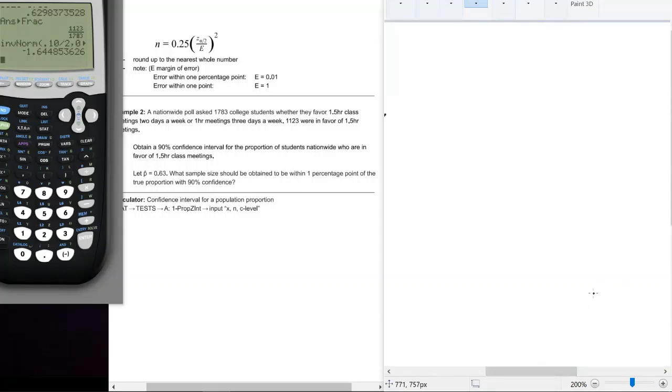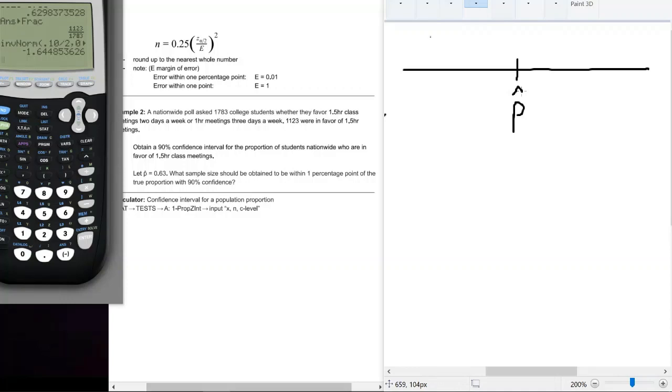So keep in mind what a confidence interval is. We're taking one sample and estimating the population proportion, but remember sample data can always change when we move from sample to sample.